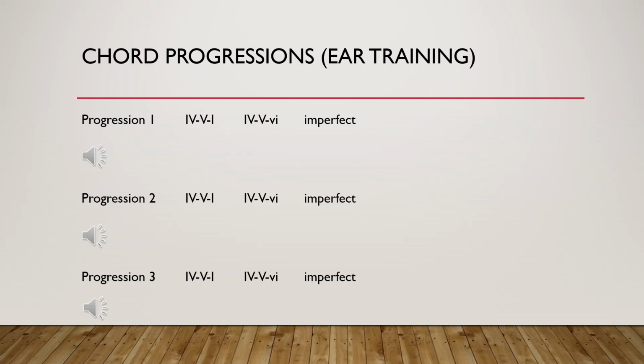So if the music does not resolve, you know it is an imperfect cadence. If it resolves the way your brain would think it would, it will be a perfect cadence, and the deceptive cadence is when it resolves to a minor chord. So this is progression number 1.